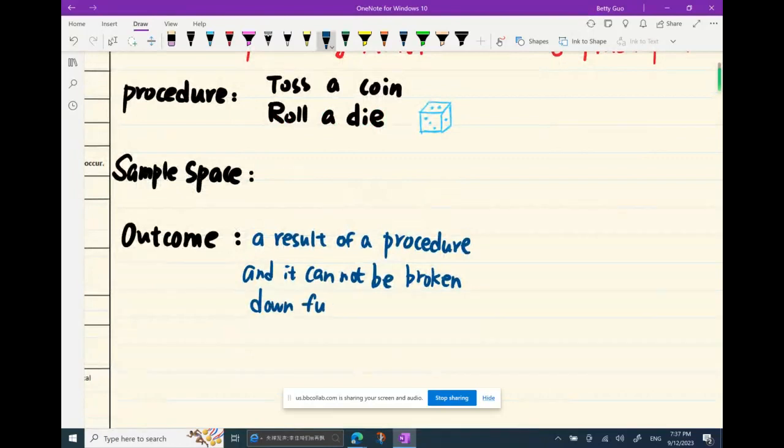Once I give you examples, you will right away understand what it means. Let's consider rolling a die.